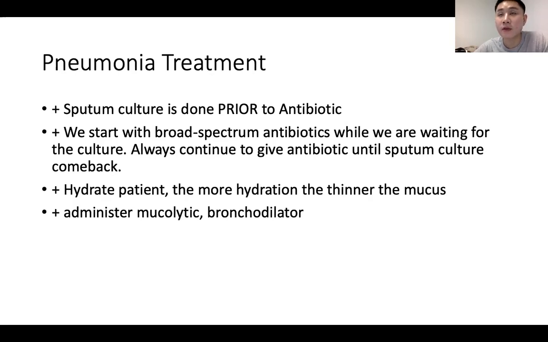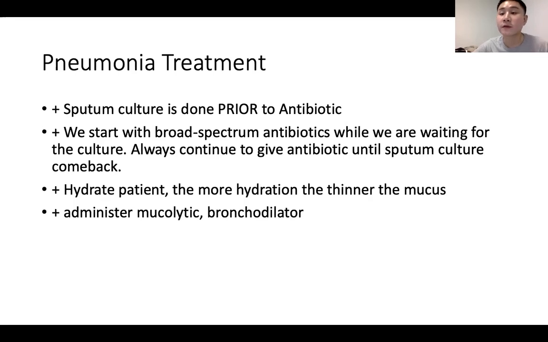Even though they get better after 5 days, they cannot stop the antibiotic. They have to take the full course, because if they stop in the middle, it can lead to bacterial resistance, and the antibiotic will not be as effective for them in the future. So nurses always have to teach the patient to take the whole course of antibiotic, even if they get better.